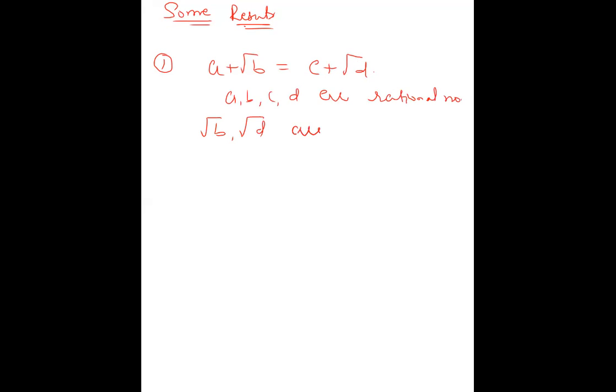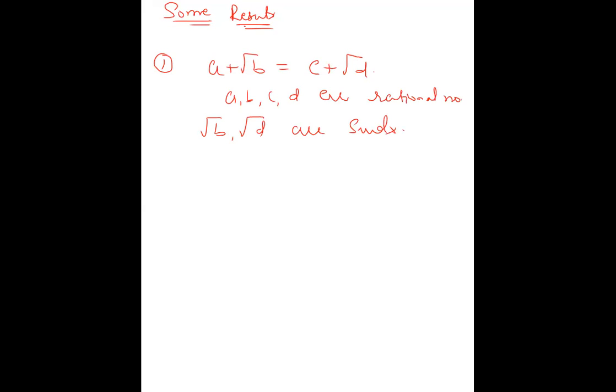Some important results, right? Like A plus root B is equal to C plus root D, where A, B, C, D are rational numbers and root B and root D are surds.